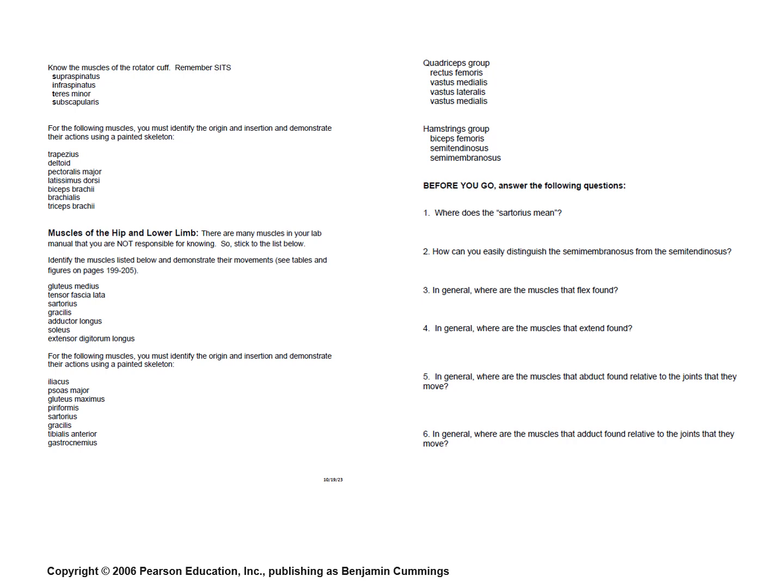How do you know this? It says, identify the muscles listed below and demonstrate their movements. For these muscles here, you should be able to identify the origin and insertion and demonstrate their actions.